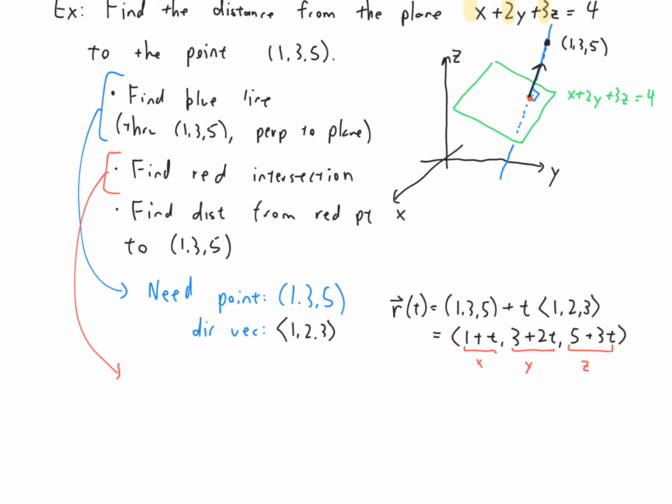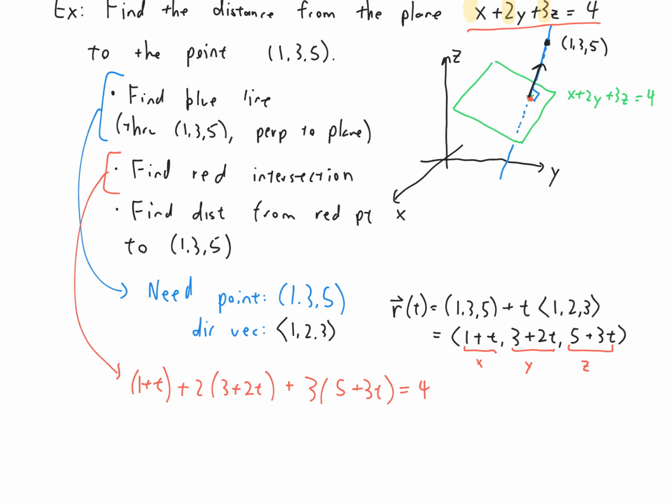So I can actually just take the equation for the plane that we started with and make those substitutions. So it's x plus 2 times y plus 3 times z, and that all ought to be equal to 4.